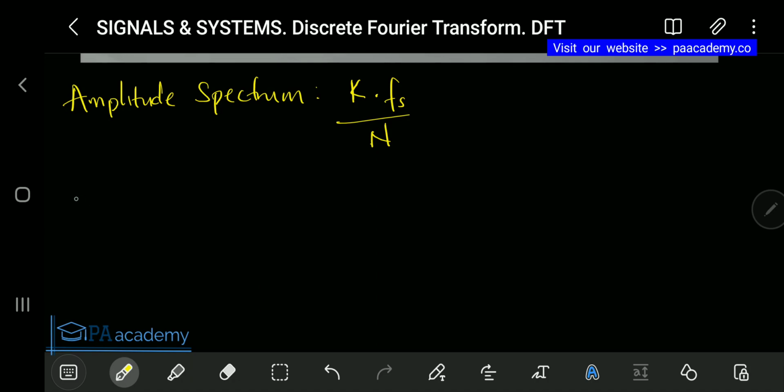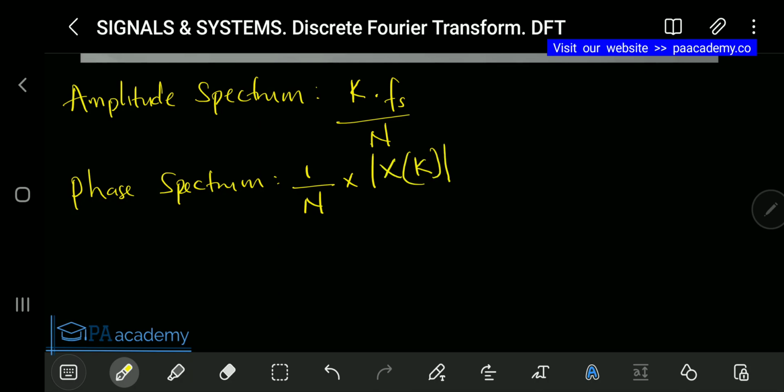The next one is the phase spectrum. For that, the formula is 1 over N multiplied by the positive value of x of k. We can also rewrite this.